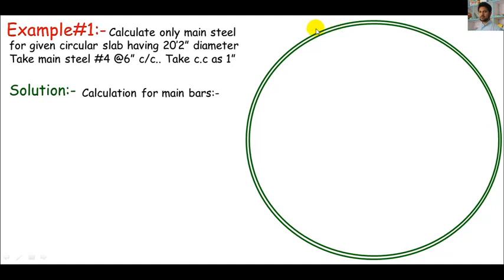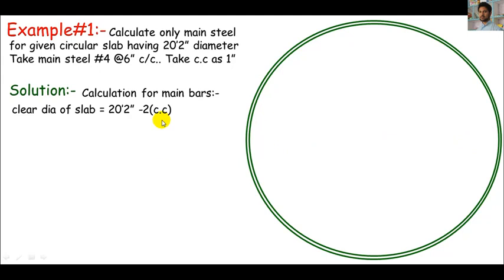The clear diameter of the slab must be the external diameter negative 2 times the concrete cover. Actually it's the subtraction of the concrete cover on one side and the other side. Then I get the clear diameter for bars.